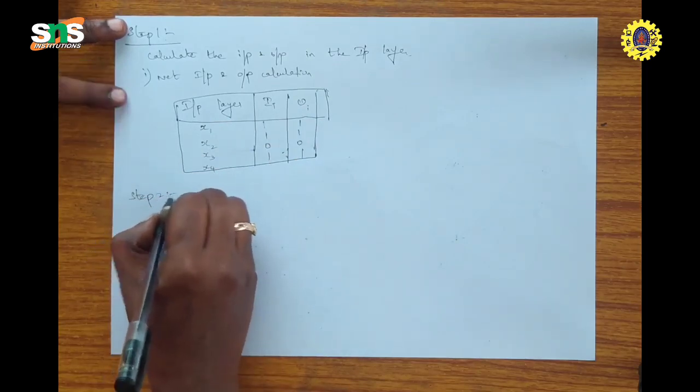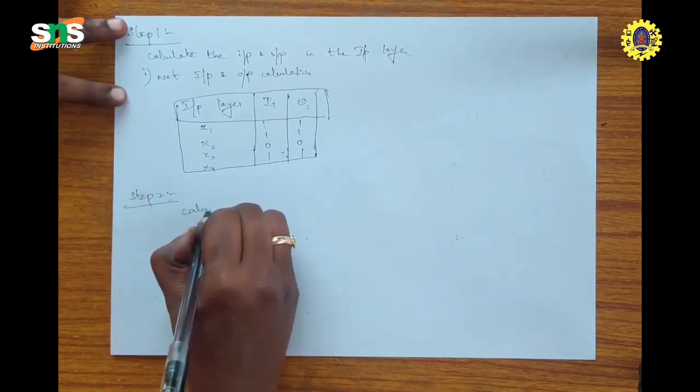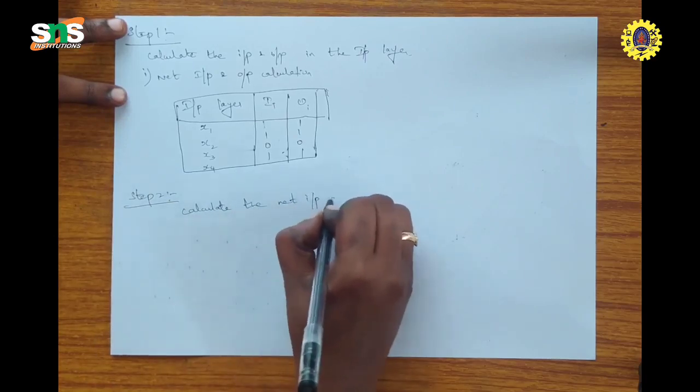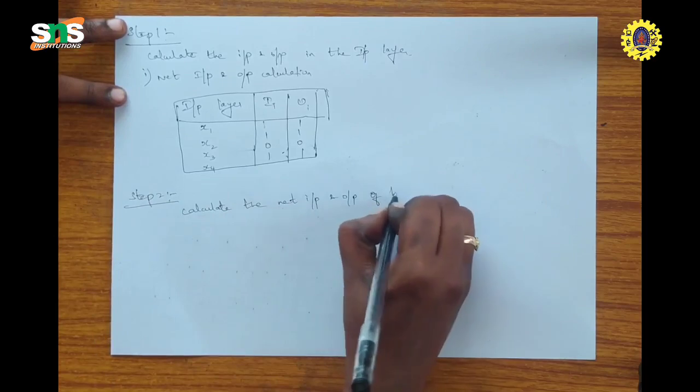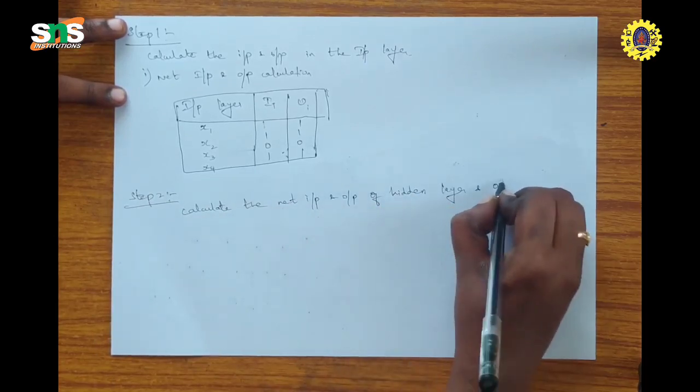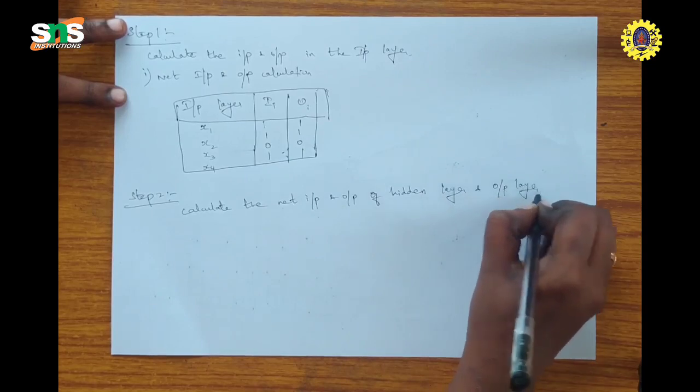Step 2 is to calculate the net input and the output of the hidden layers and the output layer.